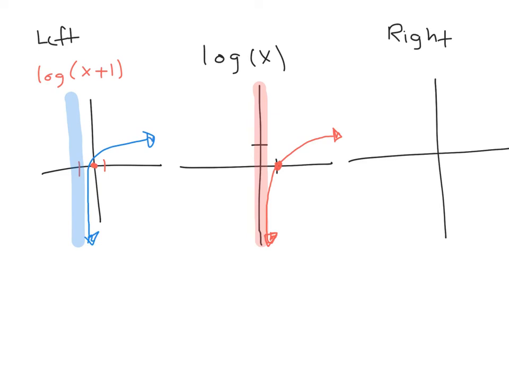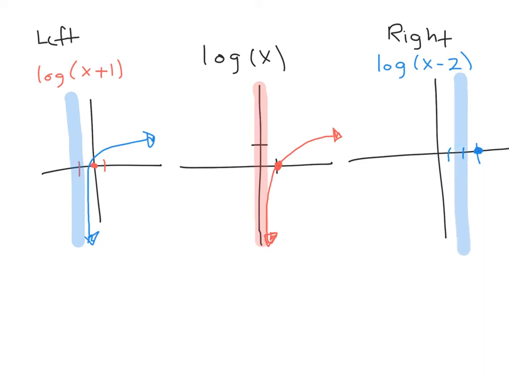Now, if I wanted to go to the right, of course, that's going to be the minus. So I've got log of x minus 2. It originally starts here, but now I'm going to go 1 and 2 and be right here. That, of course, moves the asymptote over 2, so it's going to be right here.